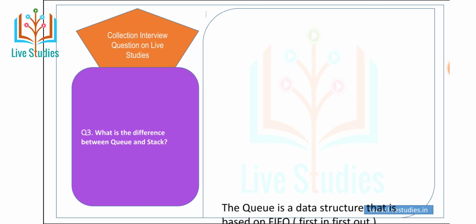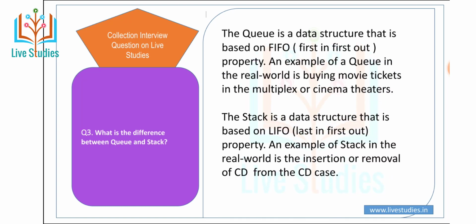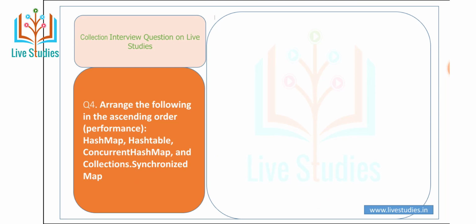Okay, move to another question. Another question is: arrange the following in ascending order of performance: HashMap, Hashtable, ConcurrentHashMap, and Collections.synchronizedMap.